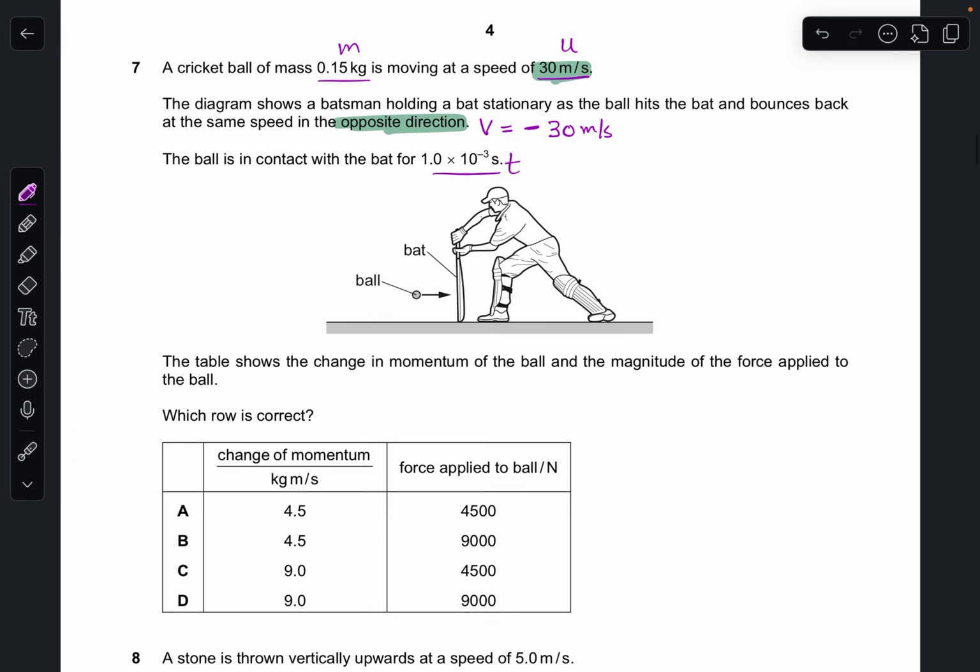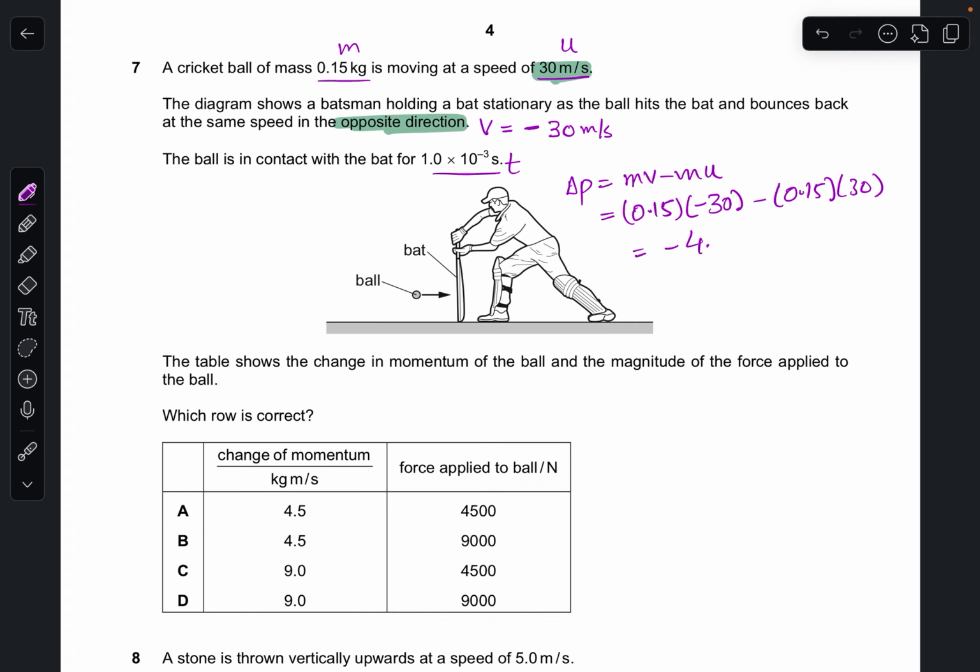So for the change in momentum, delta P, we know it is mv minus mu. So m is 0.15, v we have minus 30, minus 0.15 into 30. 0.15 into 30 will give you 4.5.